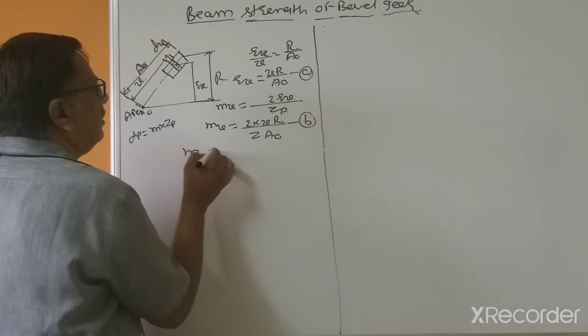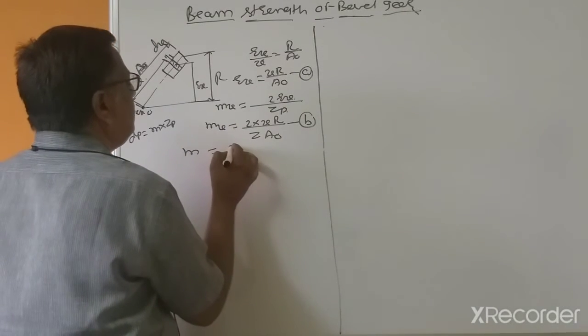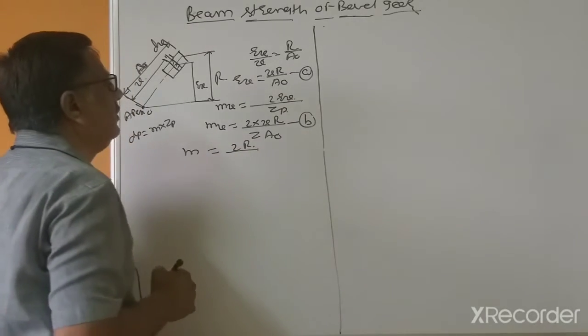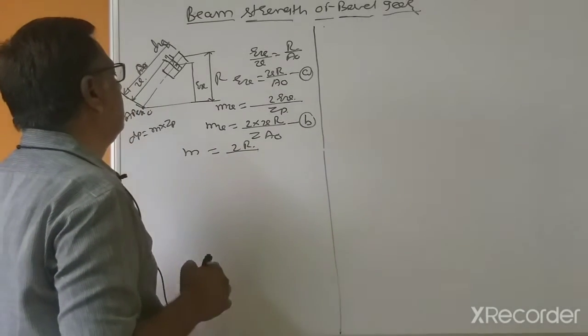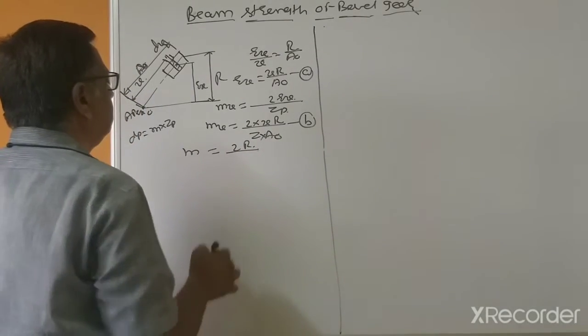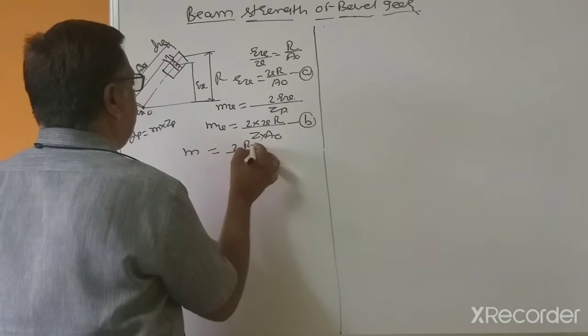Similarly, m equals 2R divided by z, where 2R is dp.